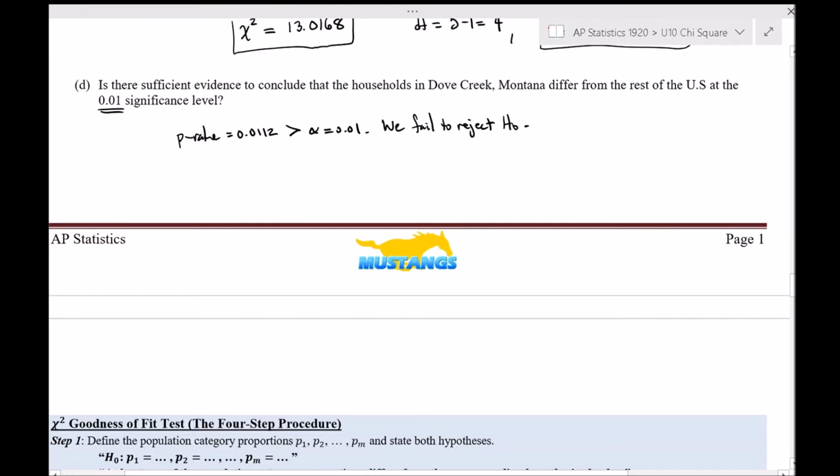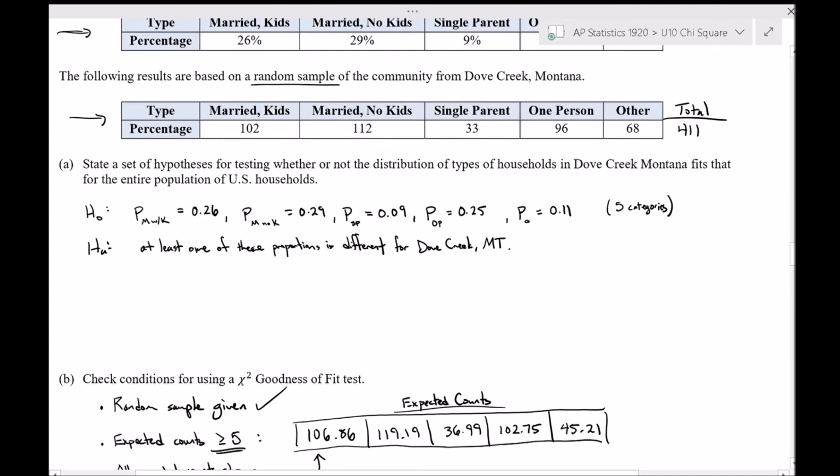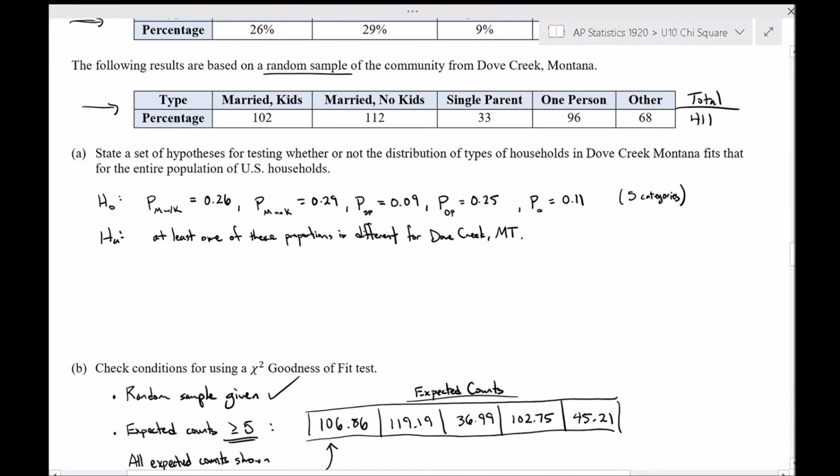So then I'd like to rewrite that in context, in the form of a conclusion. What do we conclude about the null hypothesis? So what was the null hypothesis? First off, the null hypothesis was that Dove Creek, Montana fit the distribution, or the distribution for Dove Creek, Montana didn't look very different from the rest of the United States. The alternative is where, yeah, it did differ some way, somehow.